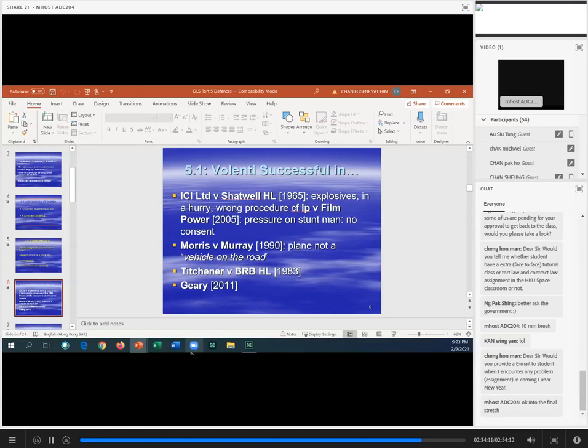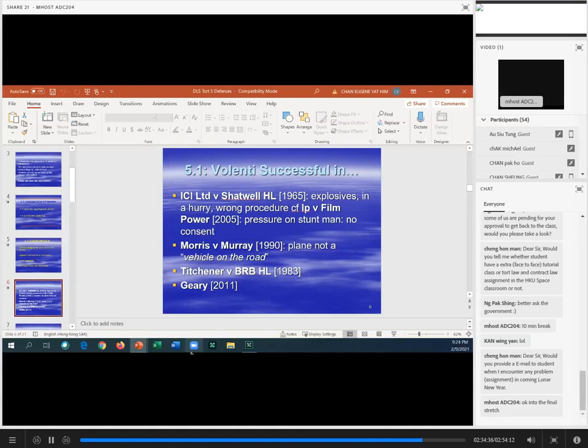And now an interesting case here, Morris and Murray, on page 123. Interesting one. The plaintiff boarded an aircraft, not a vehicle on the road. And this is an important point. Before the flight, the friend had consumed considerable amounts of alcohol.